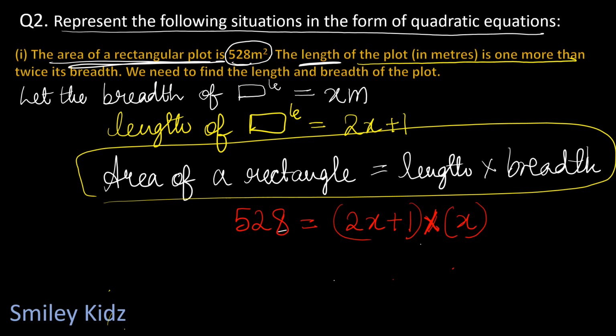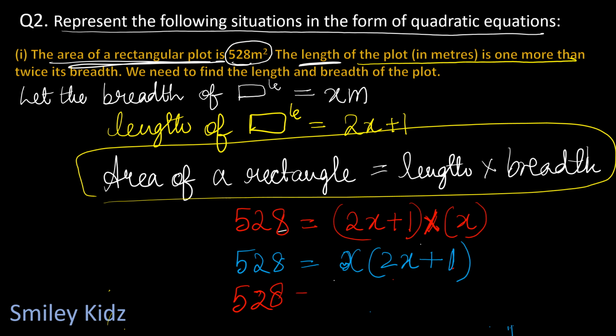Now, on simplification, we get 528 equals to x multiplied with 2x plus 1. This is how we write it, isn't it? Now, 528 equals to 2x square plus x. Now, transpose this 528 to the other side and then equate the equation to 0.